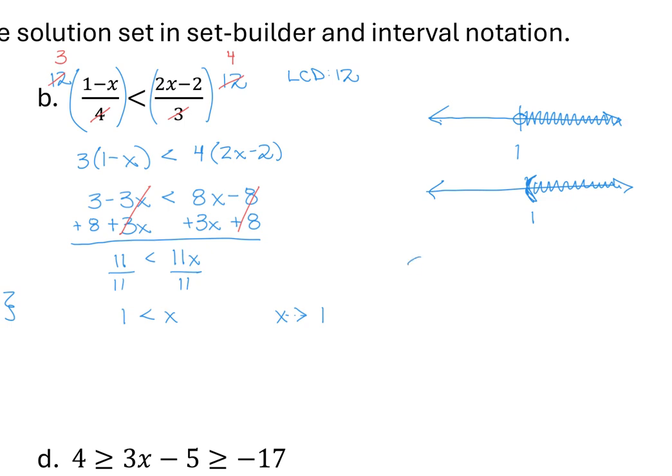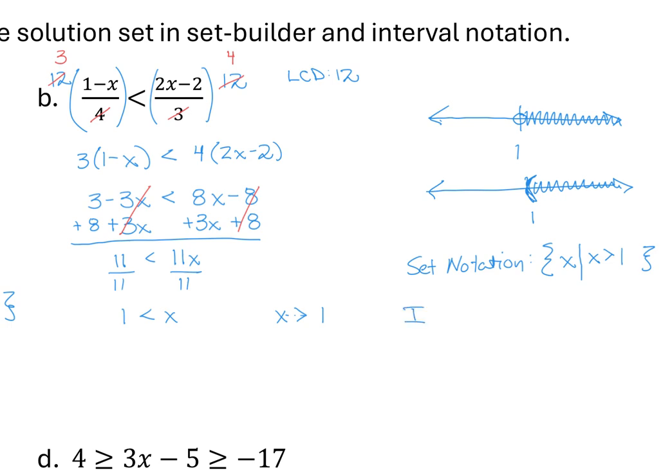In set notation, remember again what we're going to do is put our squiggly brackets. We have our x, our vertical bar, and then our inequality statement. x is greater than 1.